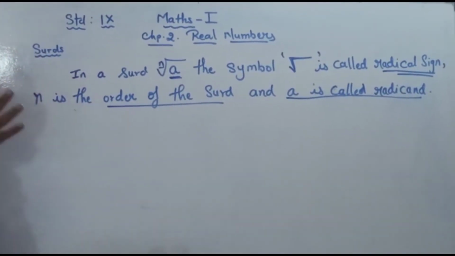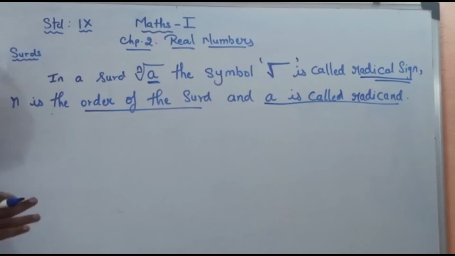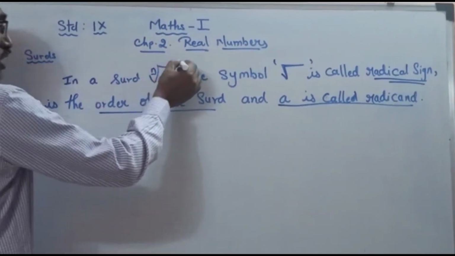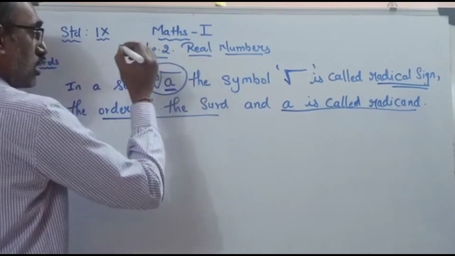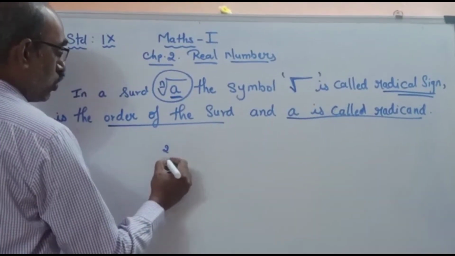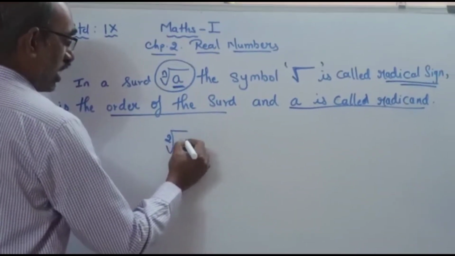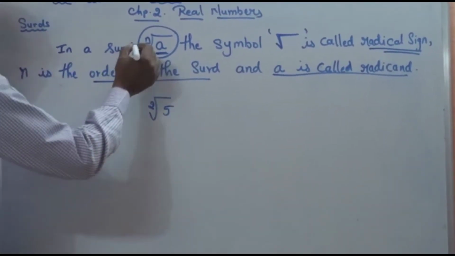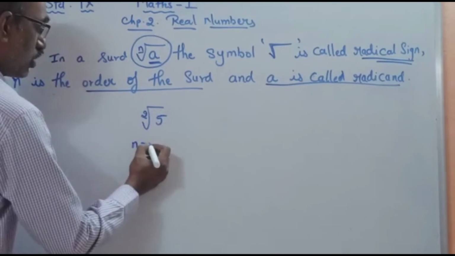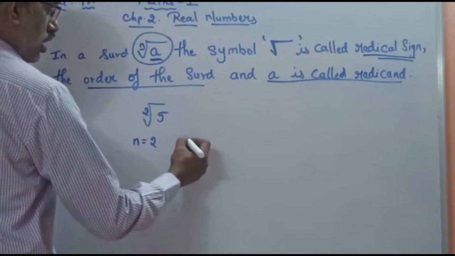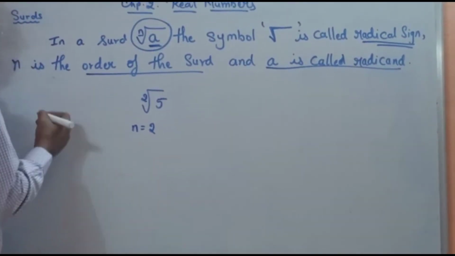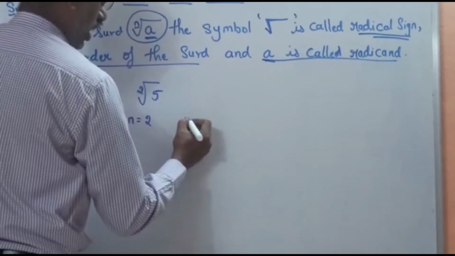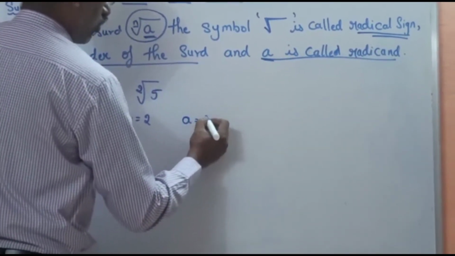You have to understand how you are going to identify whether it is a surd or not a surd. It depends upon this particular thing. If I give you 2 root 5, as per this, n is equal to 2, and a is 5.